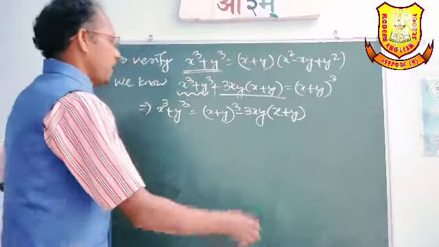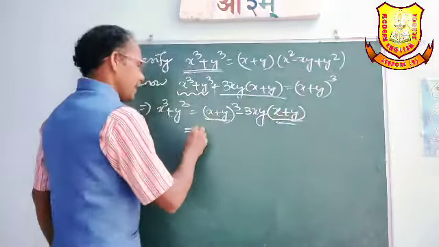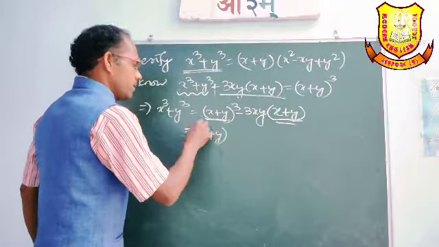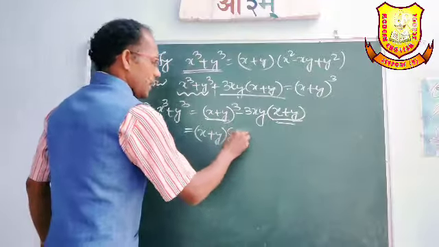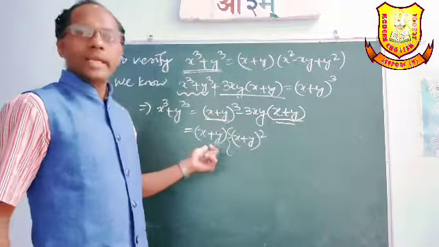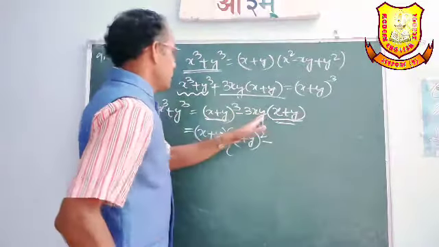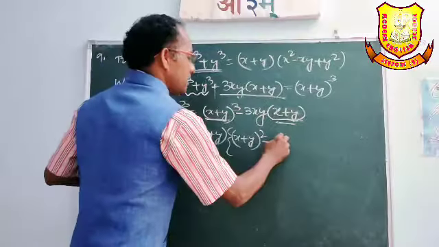So in (x plus y) whole cube, you can take x plus y common. When x plus y is taken, what is left? (x plus y) whole square minus 3xy.